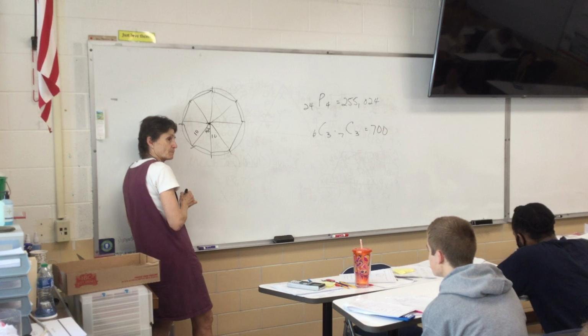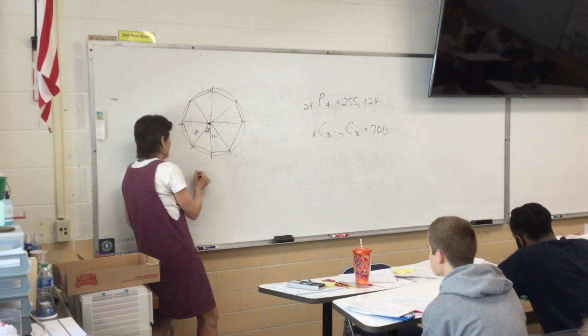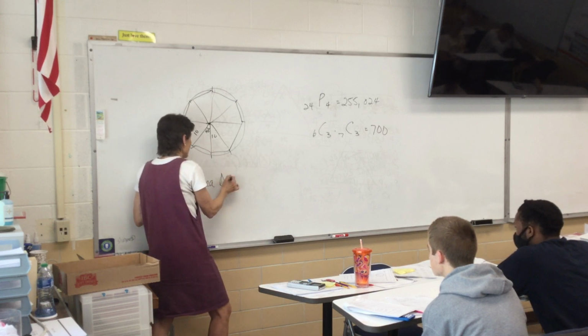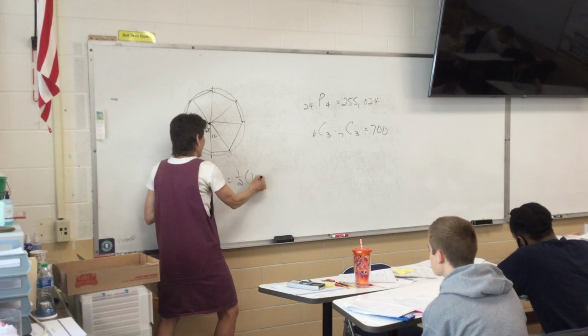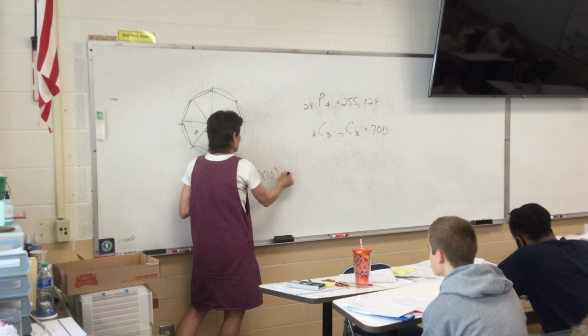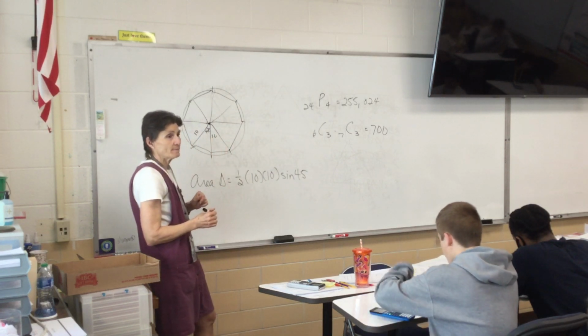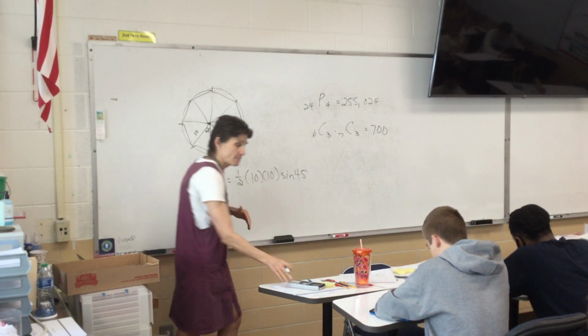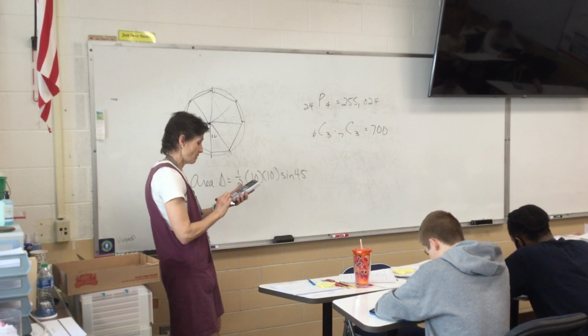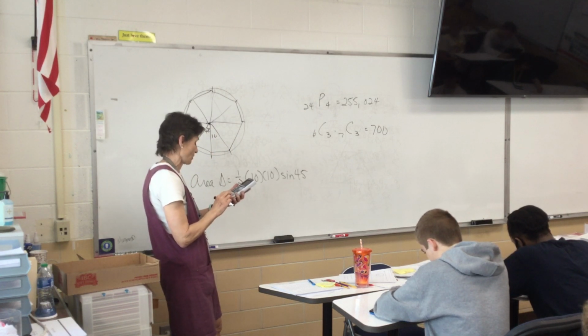And then you have to do the formula. We have our triangle formula, which is 1/2 side times side times sine of the included angle. I can type that in on my calculator, but be careful, that isn't the answer.